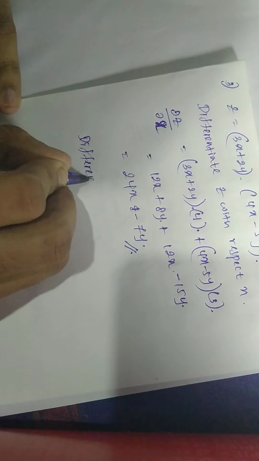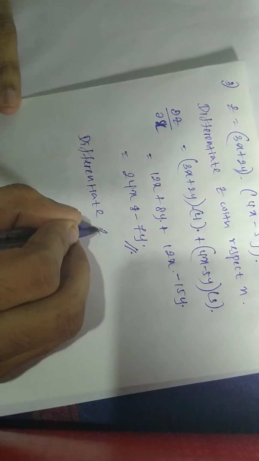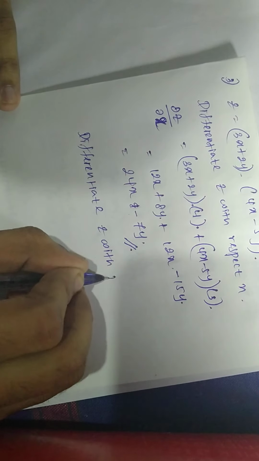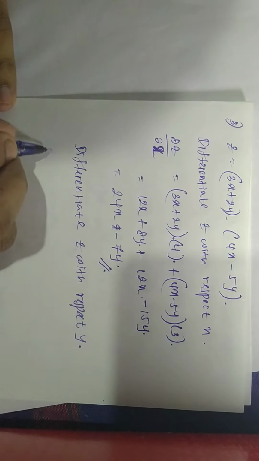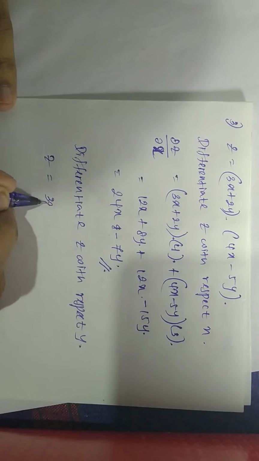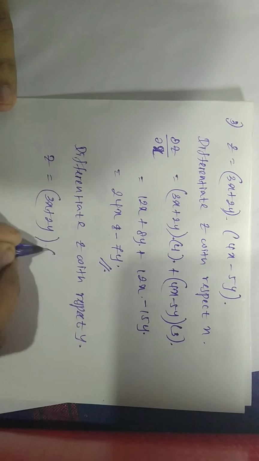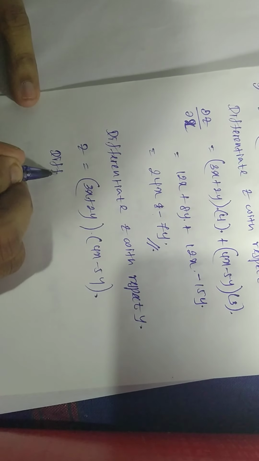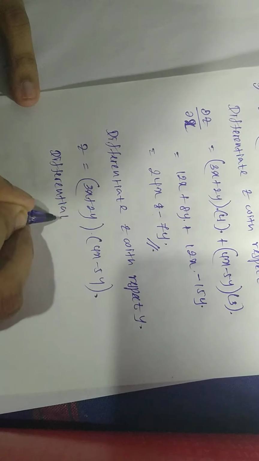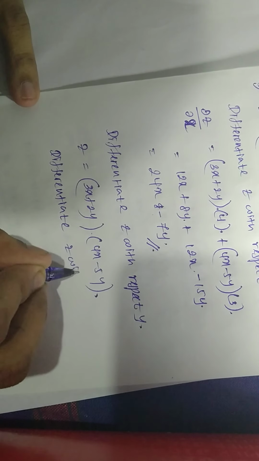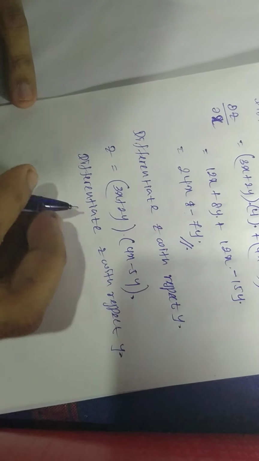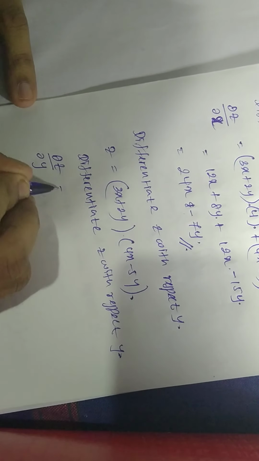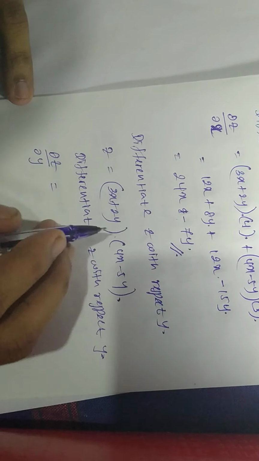Differentiate z with respect to y. Dou z over dou y. This time x is constant.